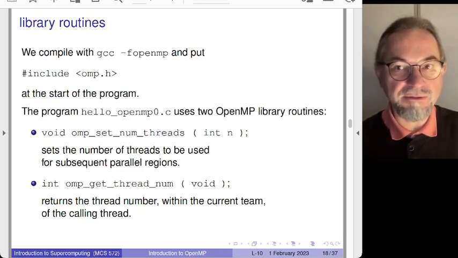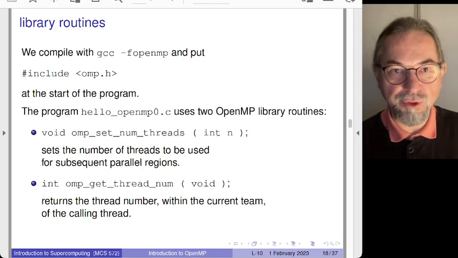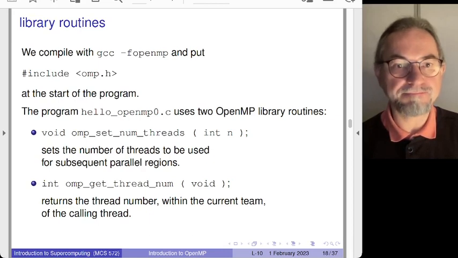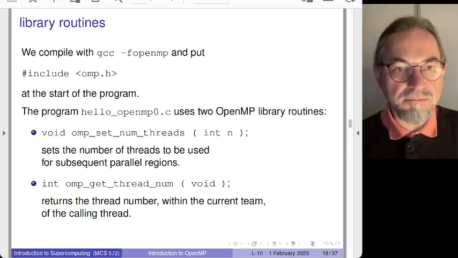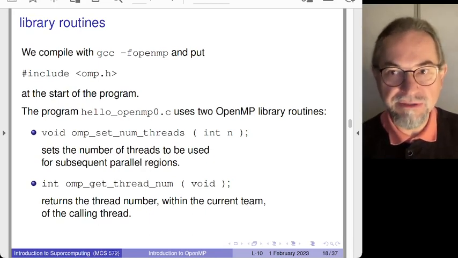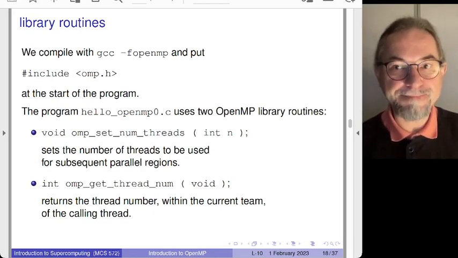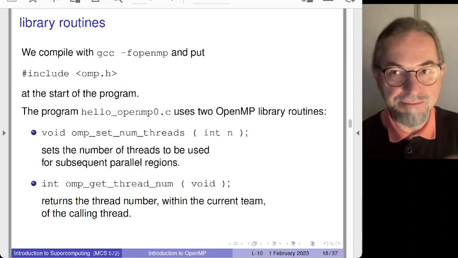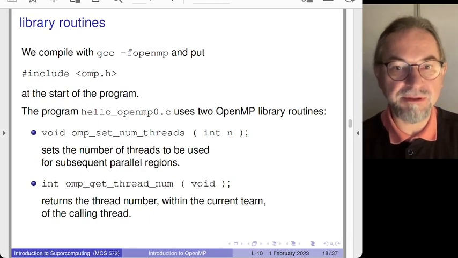When you compile, there is also the include. There are two folders: the include folder, and the folder for the OMP library, libomp. These are the two instructions that we use here. At compile time, you can define how many threads should be used. That also gives you the upper bound on the speedup that can be obtained.